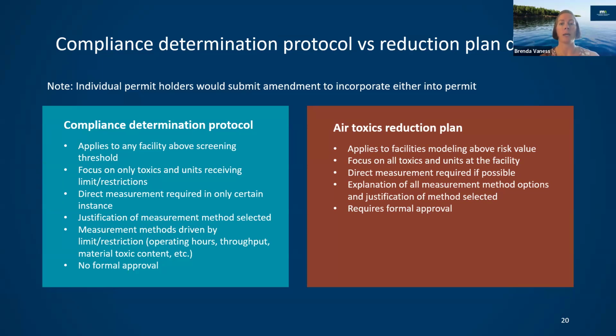They would have to incorporate all toxics at the facility. Direct measurements or stack testing would be required if it's possible. And in the plan, the facility would also have to explain all the measurement method options available, and justify why they chose the method selected. And this plan would require a formal approval by the agency.